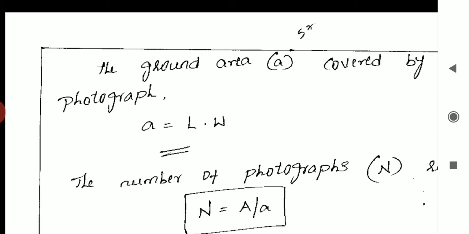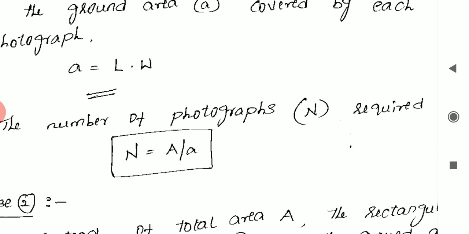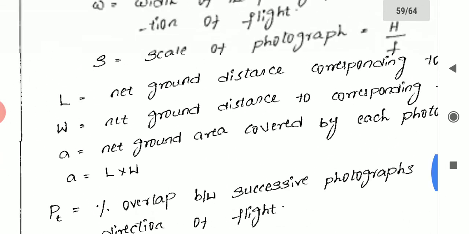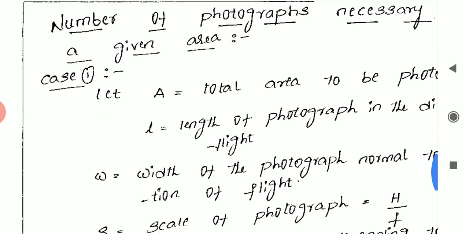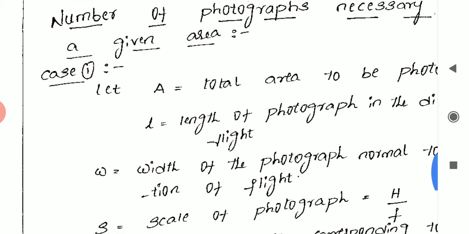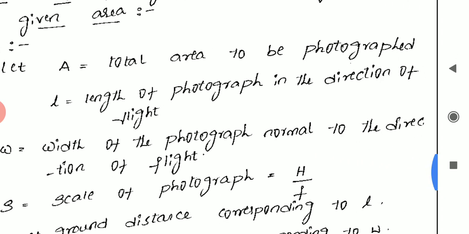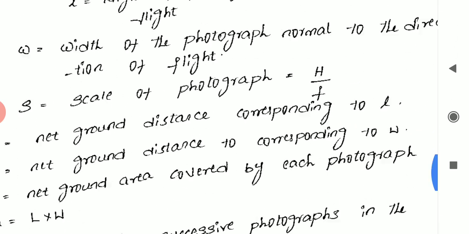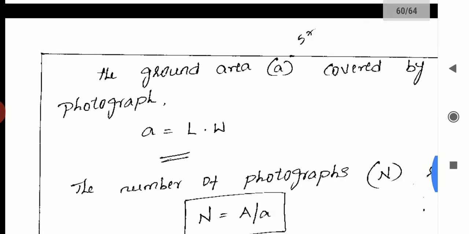Already we found l and w, so a = l × w. Next is the number of photographs N, which equals capital A divided by small a. A is the total area to be photographed and small a is l × w.